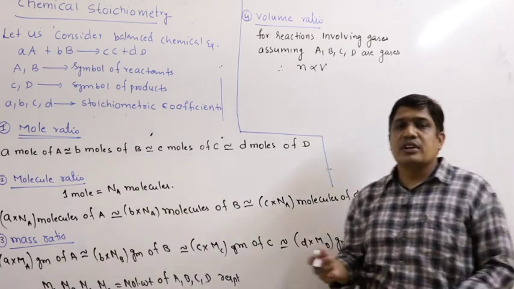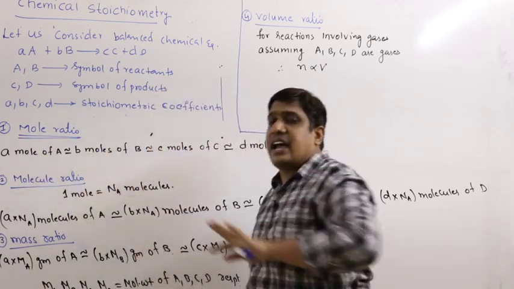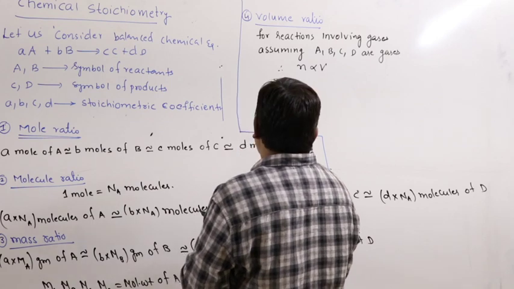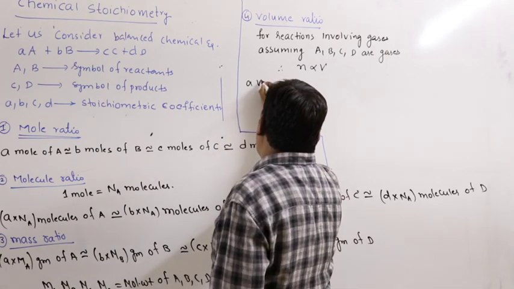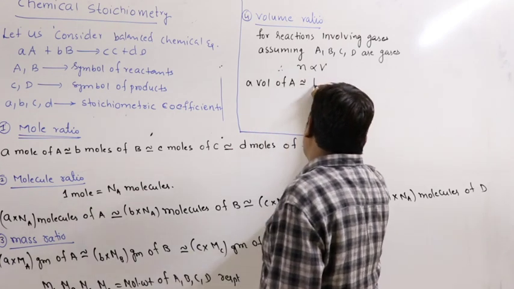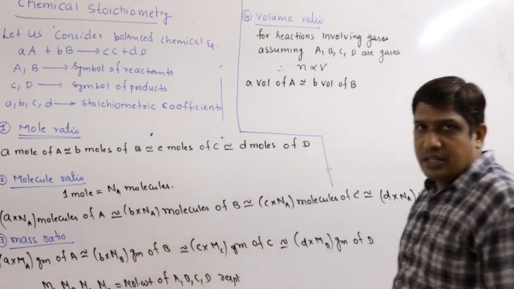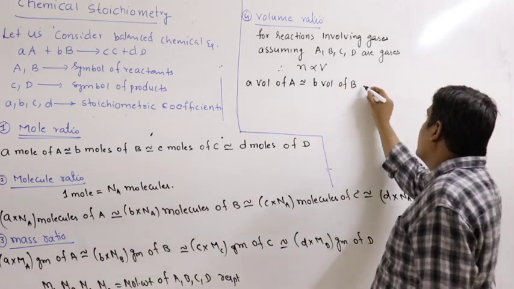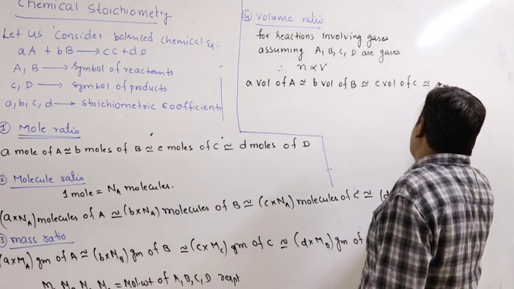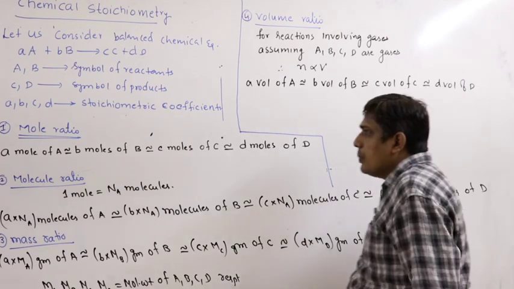So, instead of moles you can directly write volume ratio. If they are gases, then I can directly write volumes. a moles means a volumes of capital A stoichiometrically equivalent to b volumes of capital B. Already we have studied this, right? Equivalent to c volumes of capital C, d volumes of capital D, right.